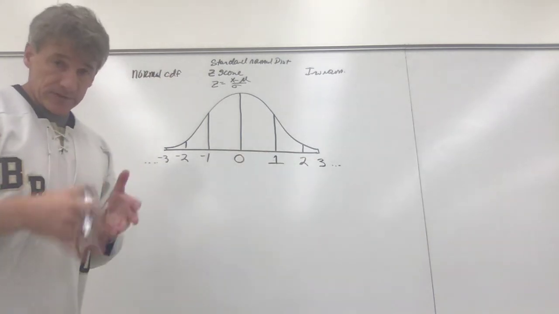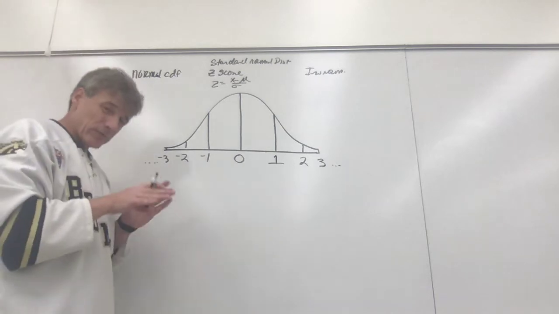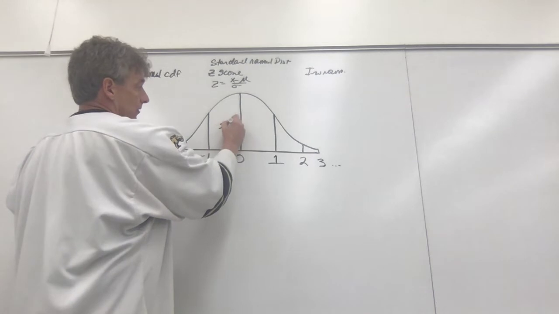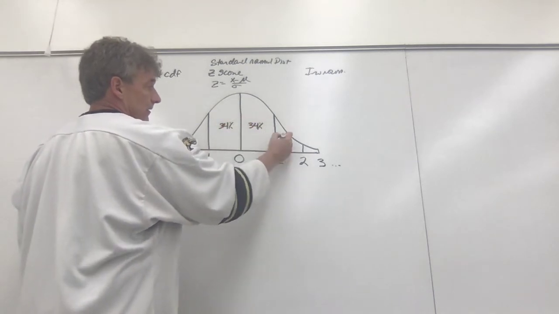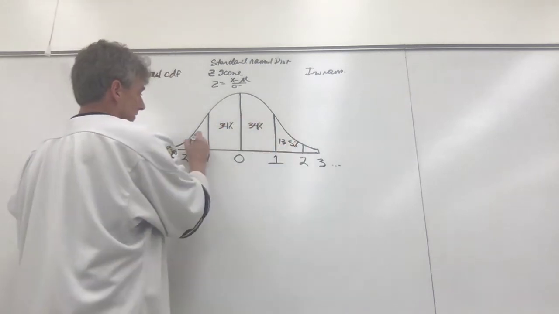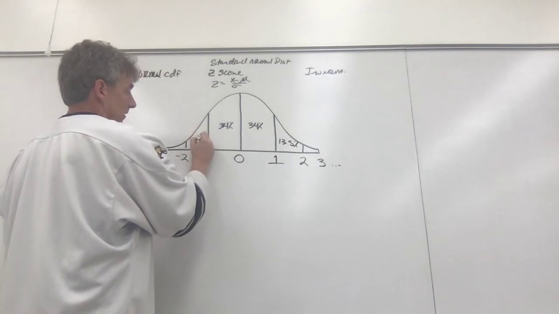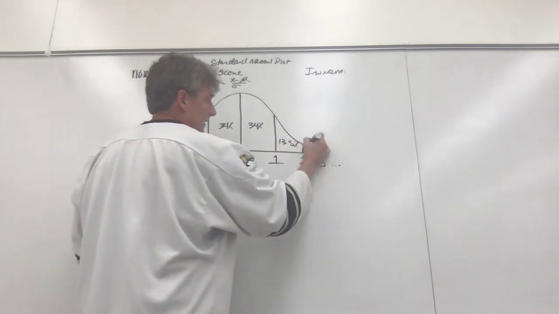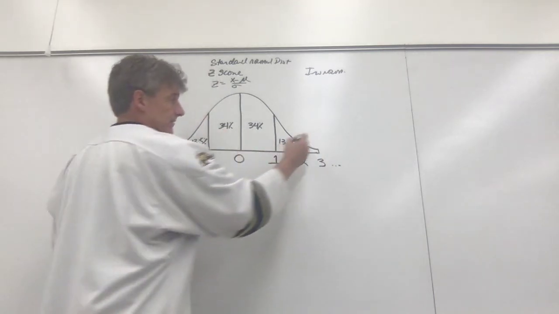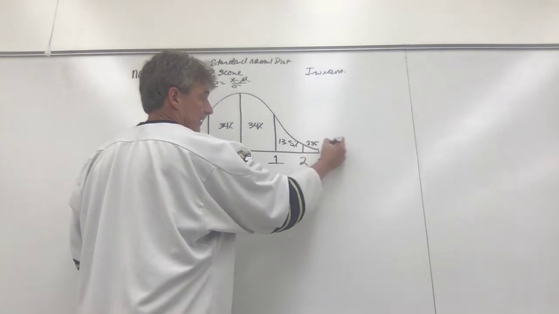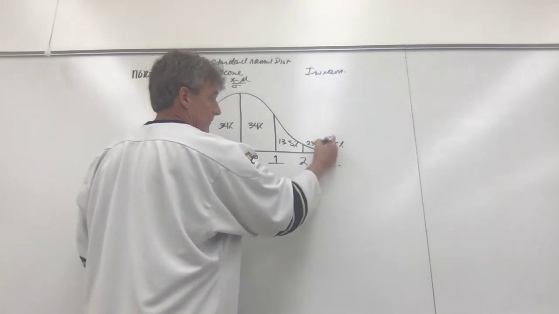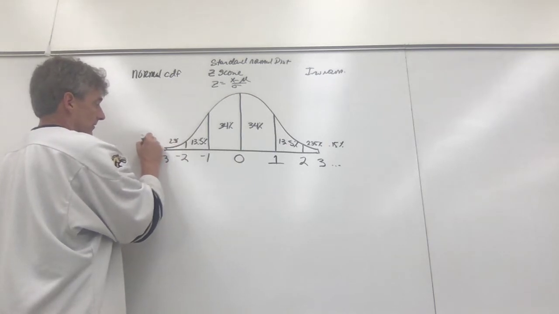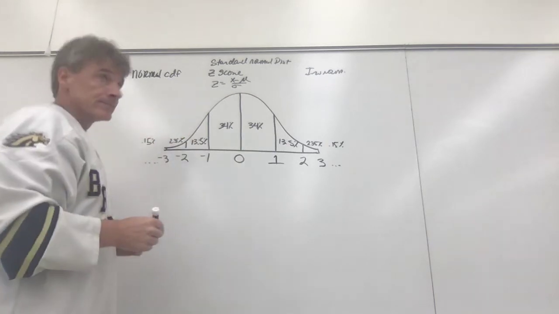The areas, the percentages, based on the empirical rule, which please understand are very close approximations, are 34%, 34%, 13.5%, 13.5%. Your author doesn't use this, but it goes 2.35% and then 0.15%, and 2.35% and then 0.15%.